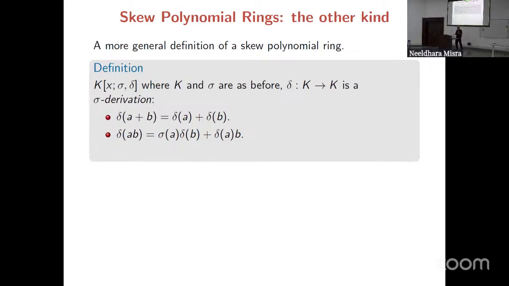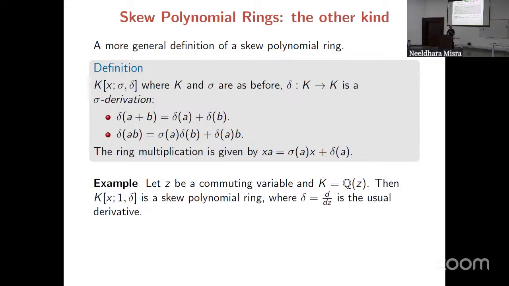If sigma is identity, it is just called a derivation. And the ring multiplication has this additional twist to it: the derivative of A also pops out. This is the more general form of the skew polynomial rings. Maybe this is a motivating example, or demotivating, I don't know.